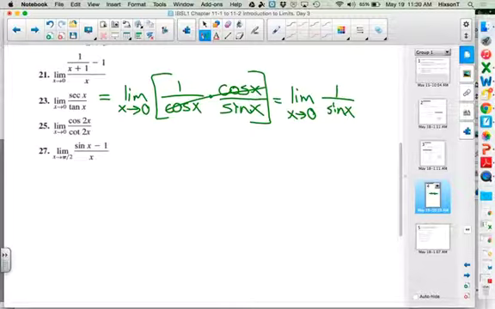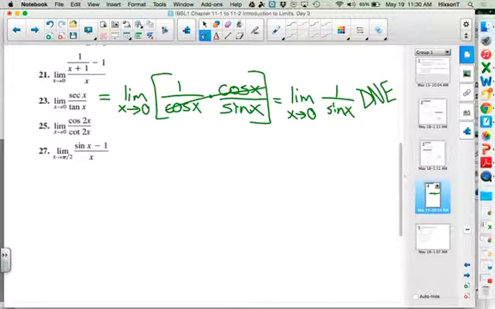Question: for all of the trig functions, do they not exist? No. There are ones that do exist. If this were just sine instead of 1 over sine, the limit would equal 0.